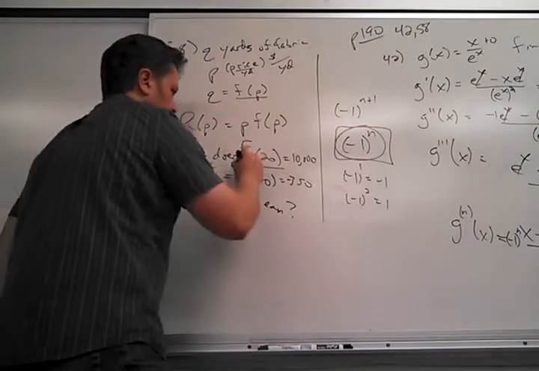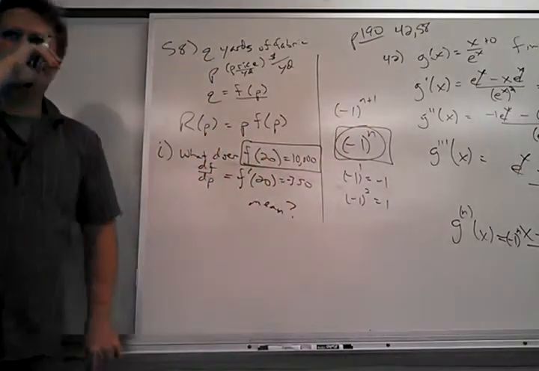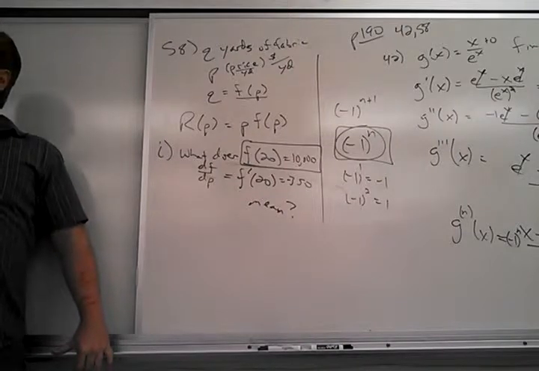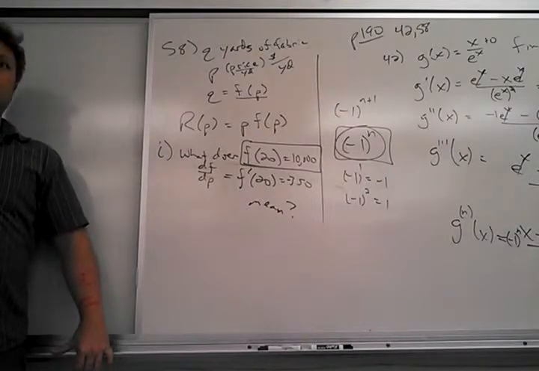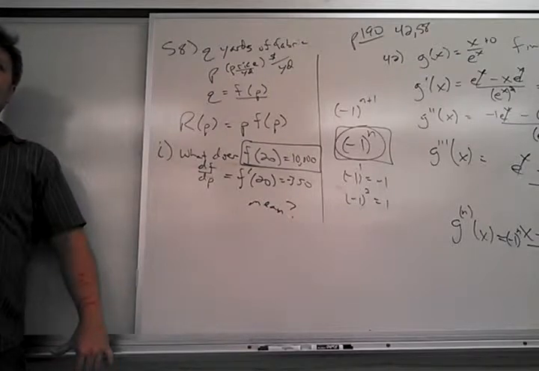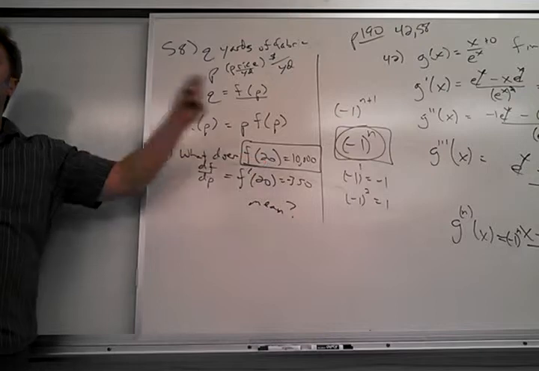So this first piece should be really easy. What does that mean? 10,000 yards will be sold if I set it at $20 a yard.